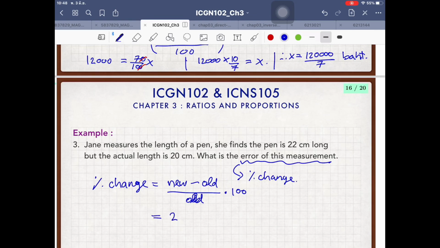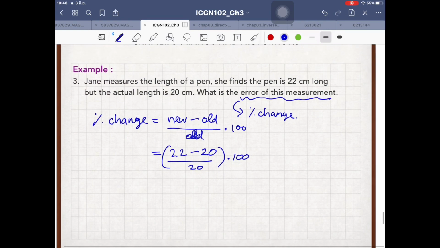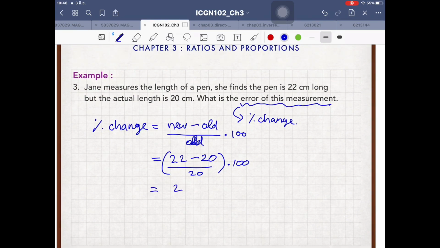So in this case new value is 22 centimeters, the old value is 20 centimeters, divided by 20, then multiply by 100. Okay, now you get 2 over 20, and then you can cancel 1 zero. All right, you just cancel 2 and 2.